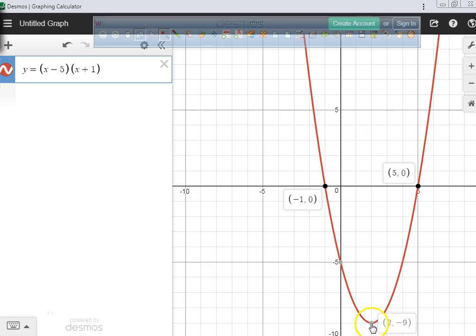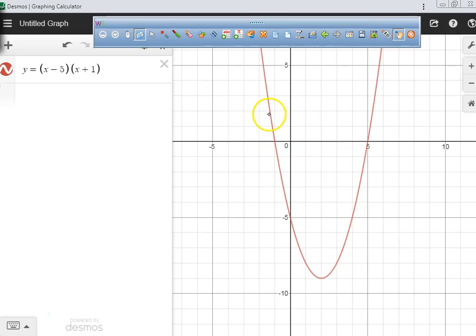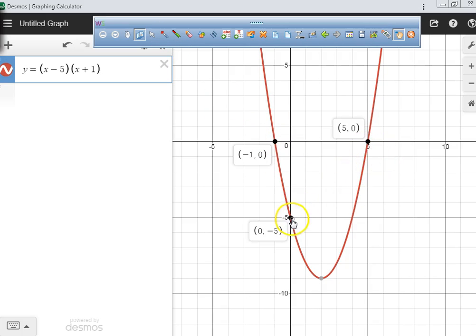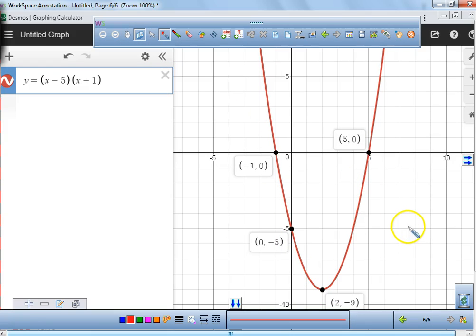Hey, look. There's my vertex. So, by the way, what does Desmos always give you with a parabola? Watch. We're going to click all the points that it gives, and we're going to highlight it, and I'm going to take a picture. I want you guys to understand what Desmos gives you. It gives you a root or a solution.